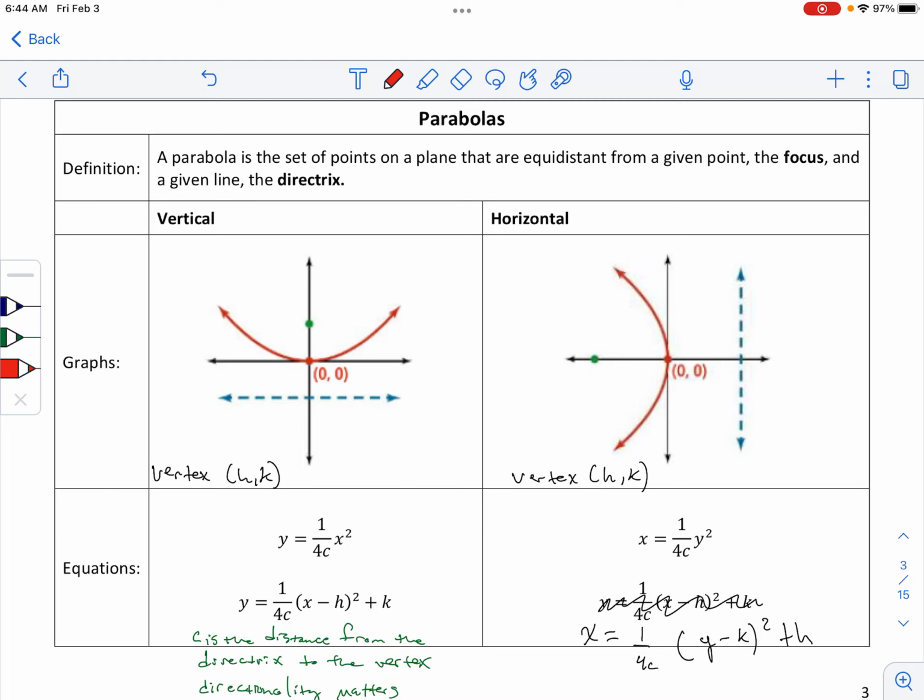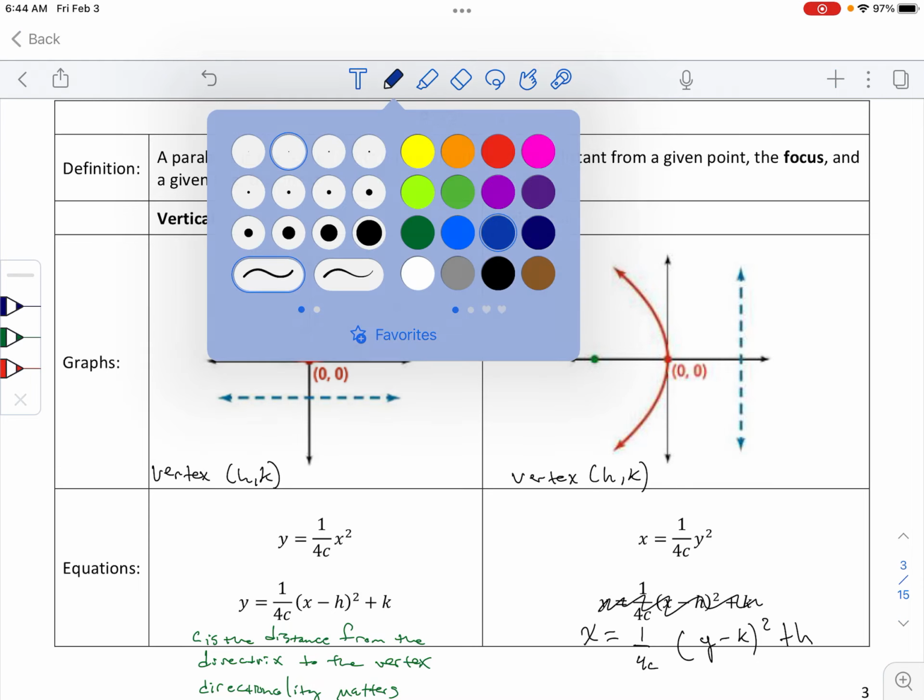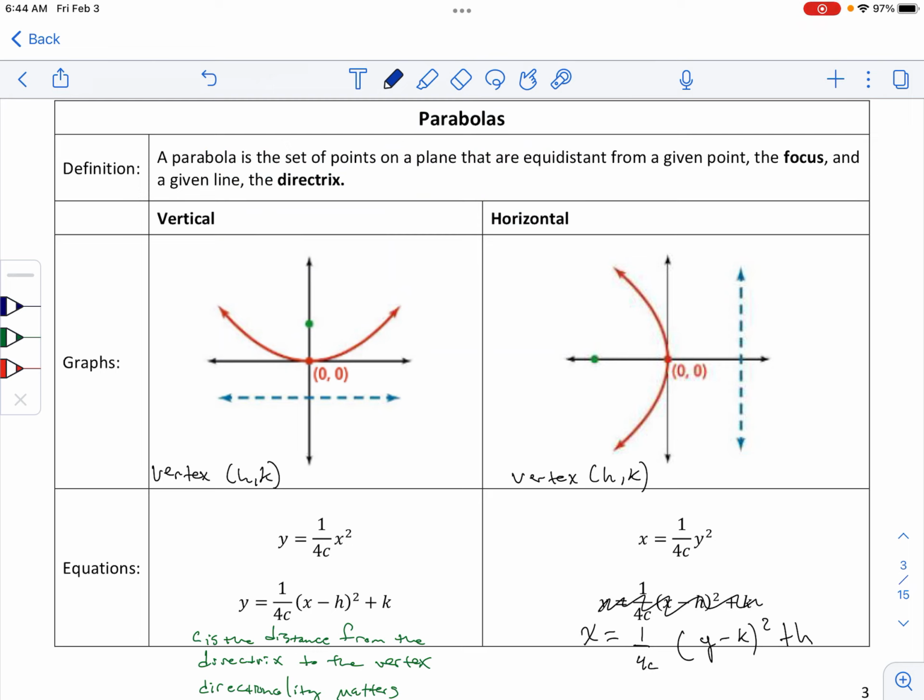And no matter where you go on this parabola, the distance from that point over to the focus and the distance from that point down to the directrix have to be the same. So whatever the distance is here, it has to be the same there.